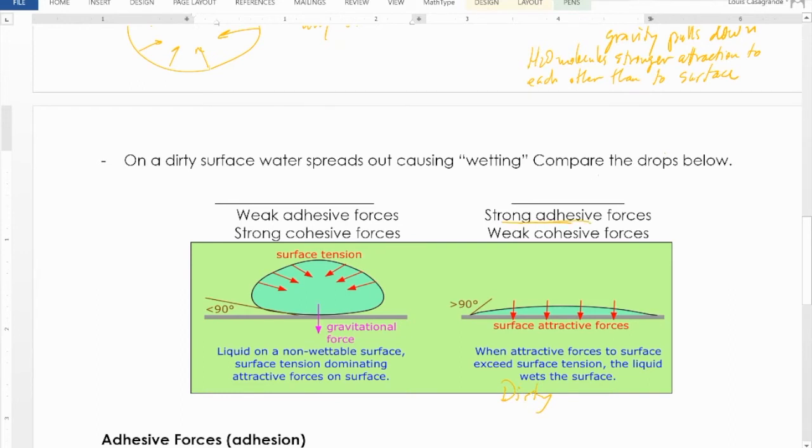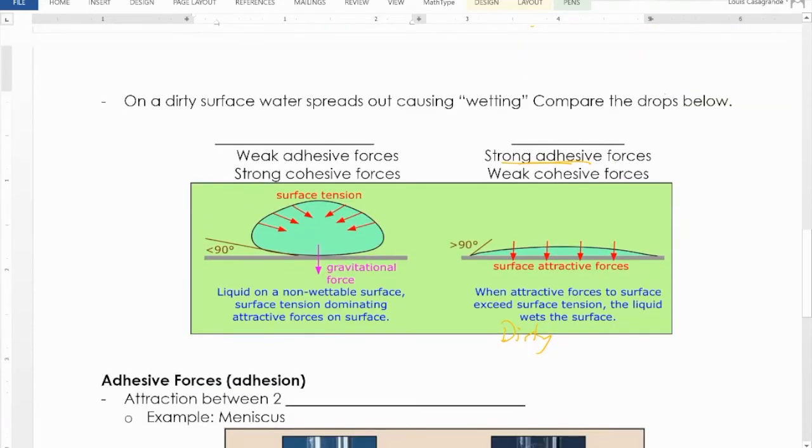What's an adhesive force? Let's scroll down a little bit and then we'll come back up. An adhesive force, force of adhesion, is attraction between two different kinds of molecules.